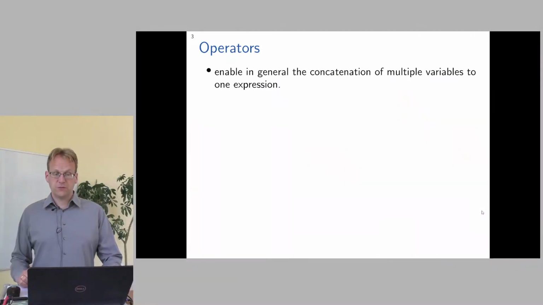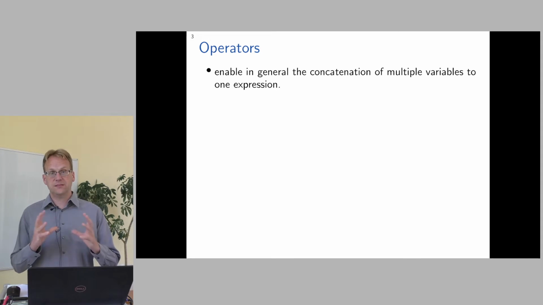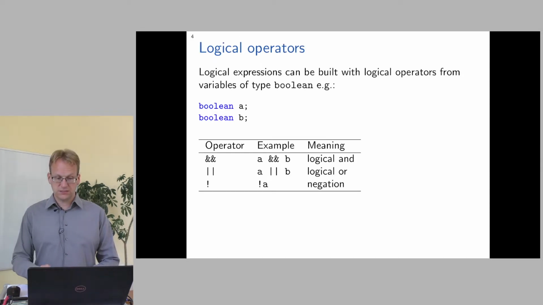Okay, so what can we do in general with operators? Basically, we can manipulate variables or combine multiple variables to more complex expressions. And in particular, if you consider the previous chapters, there we have used already logical expressions, for example in the if statement.